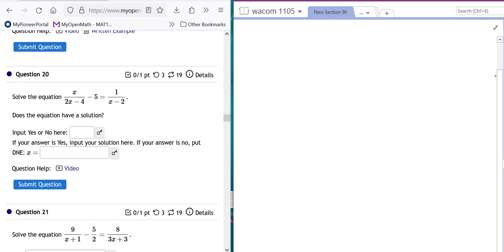All right, next we have some solve problems. And for the solve ones, you are going to find the LCD and multiply through and cancel all the denominators.